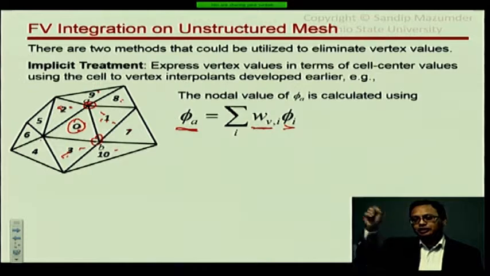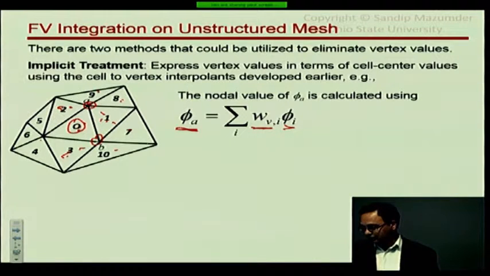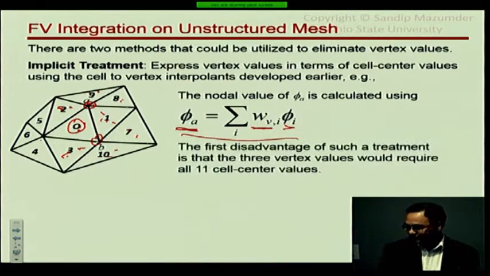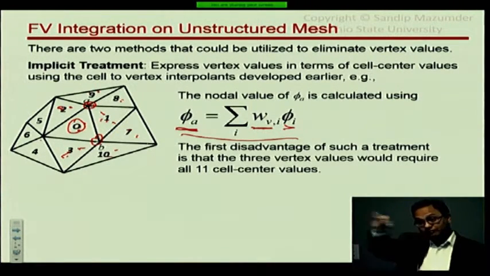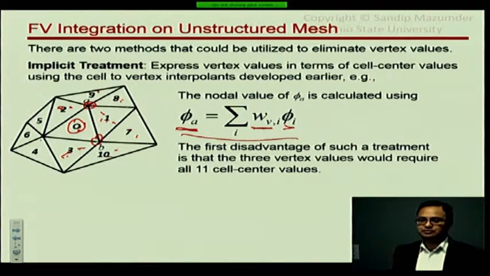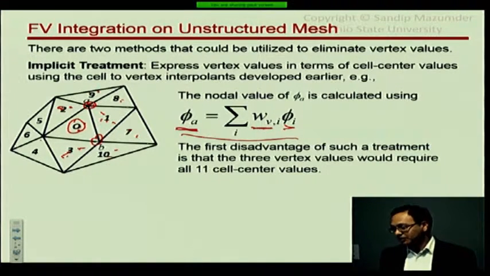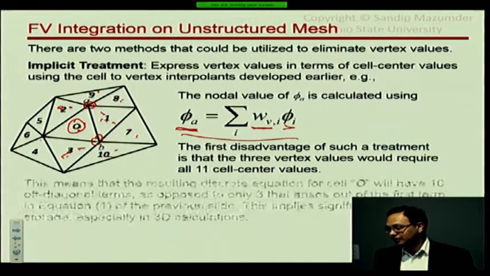Just like your Cartesian mesh, where you had a 5-band system because you had 4 neighbors and the center. But when you do this and extend your stencil to include all these cells, you basically have an equation with 11 non-zero terms. So that's one of the disadvantages, because you're reducing the sparseness of your matrix. You need to store more coefficients, obviously. That's one disadvantage.